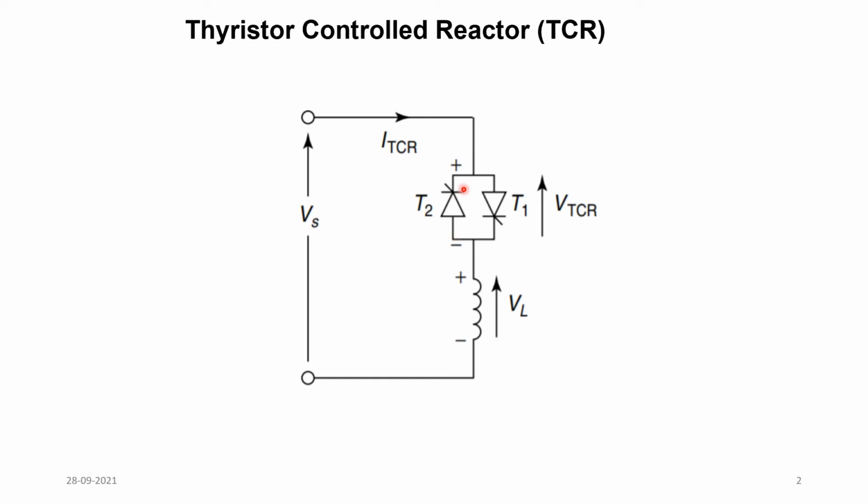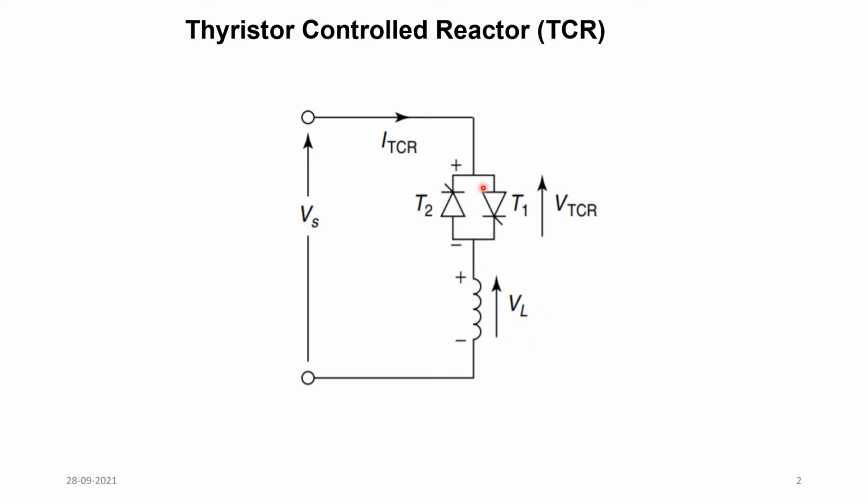So when alpha is equal to 90 degrees, the current flowing through the inductor in this case will have both the positive as well as negative half cycle, a symmetric waveform.